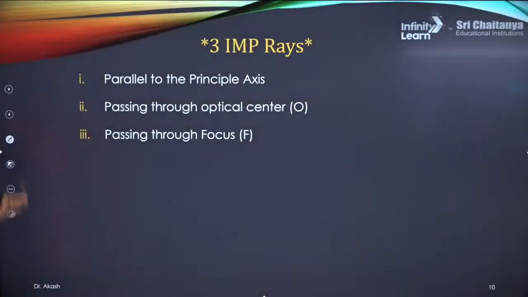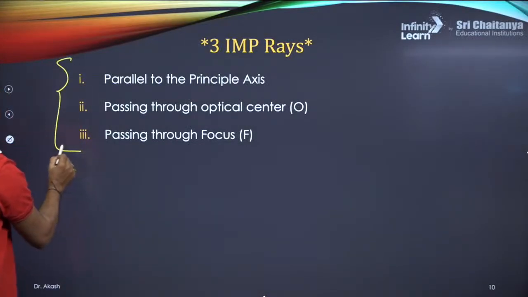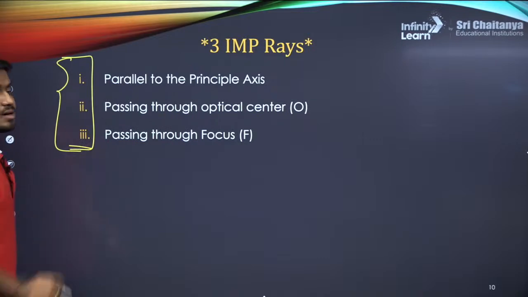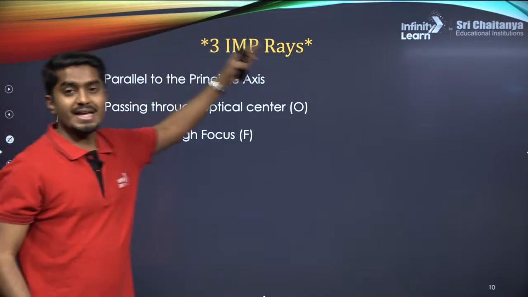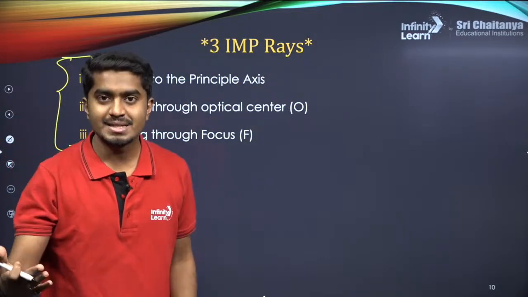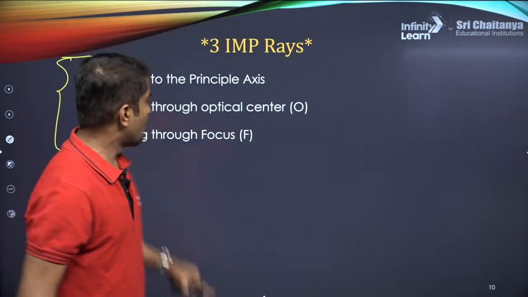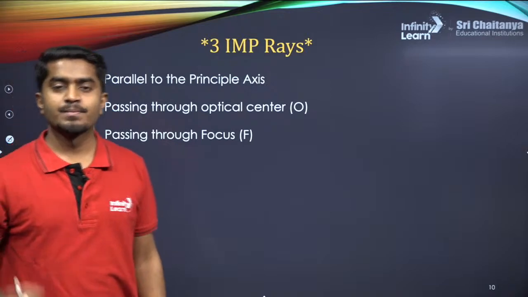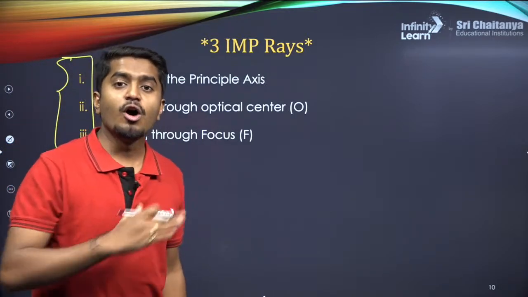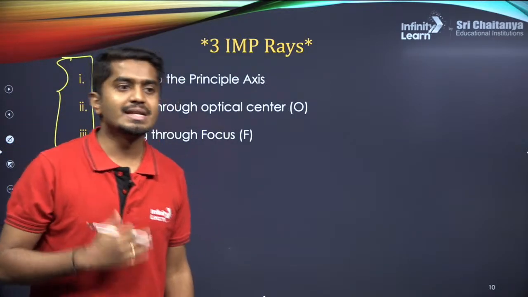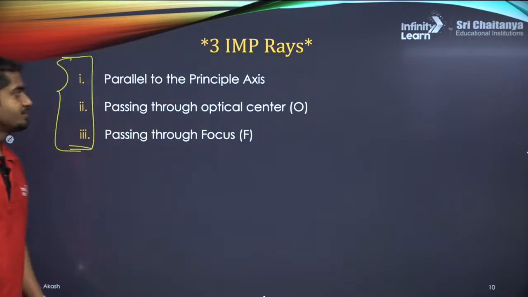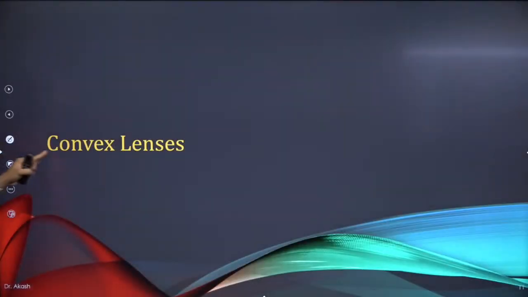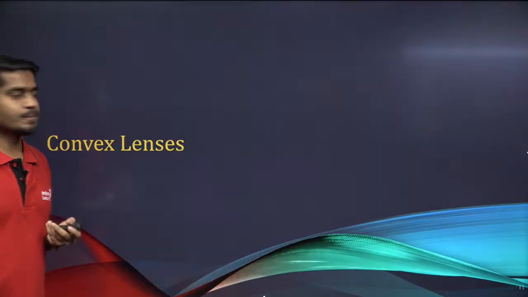So now let's understand some rules. You need to know only about these three rays, and how they behave when they pass through the lens. Once you know these, you can draw all the different ray diagrams for these lenses. Now first is a convex lens.